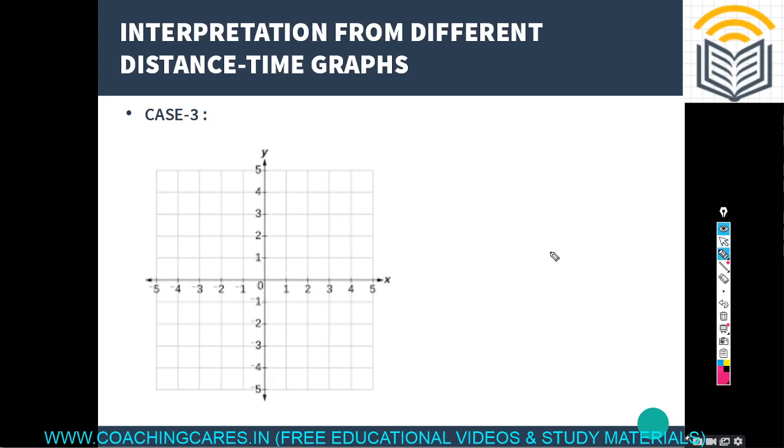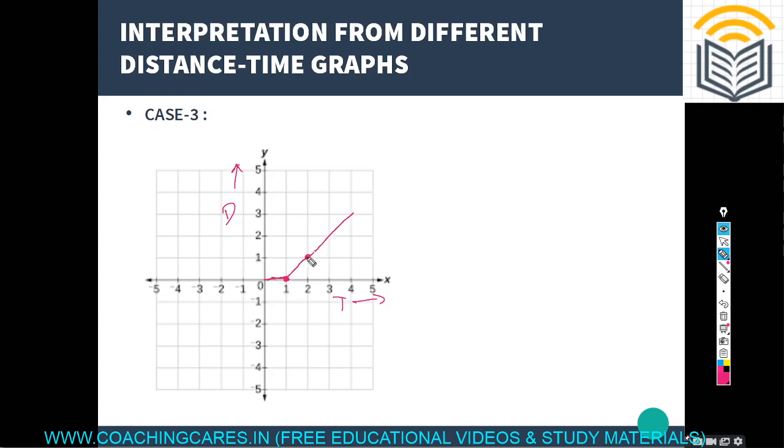Another slide, we'll see case number 3. Under case number 3, this is a graph starting from this point and going along a straight line like that. The x-axis is time, the y-axis is distance. After 1 second the body is at this point.